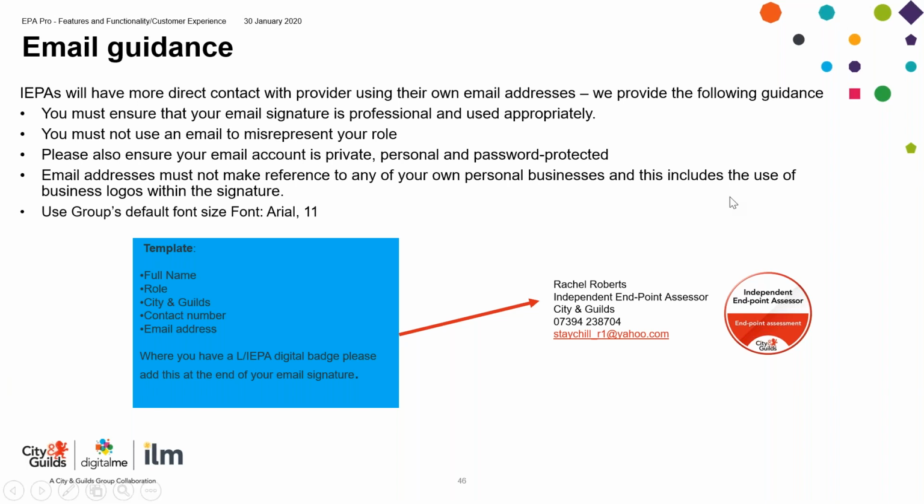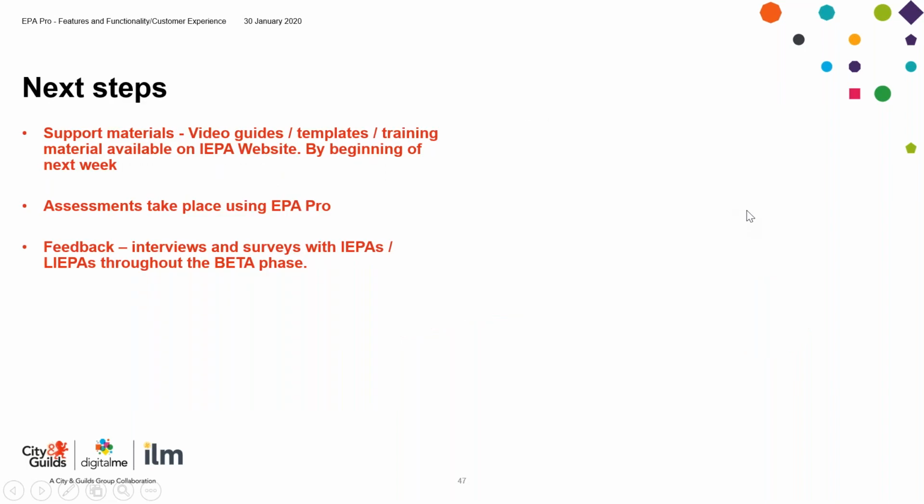Okay, so all that remains to be seen is next steps. As we've said, there was this training that needed to be done for LIEPAs. The next step now is to finalise the support materials. I'm very conscious of the fact that there is one apprentice on the system waiting to be assessed, but the support materials will be finalised today, tomorrow and Monday, and they will come out to you, provided through the normal IEPA material site, right, Jim?